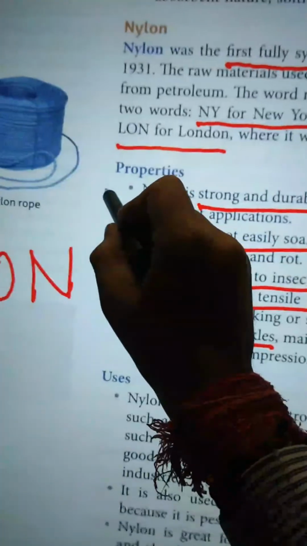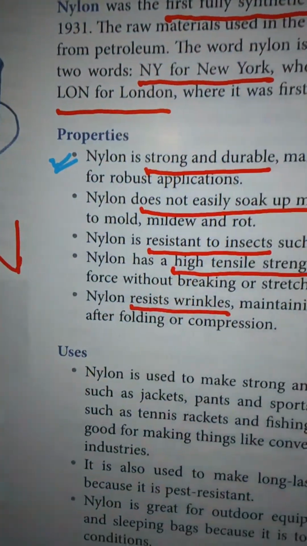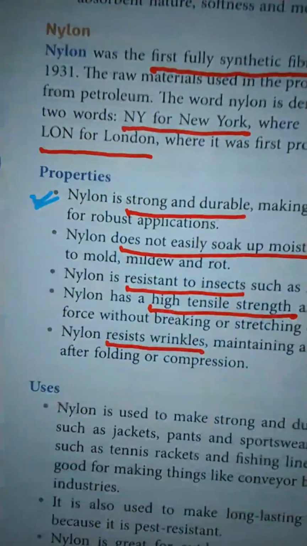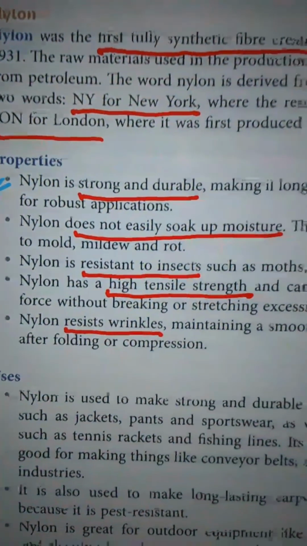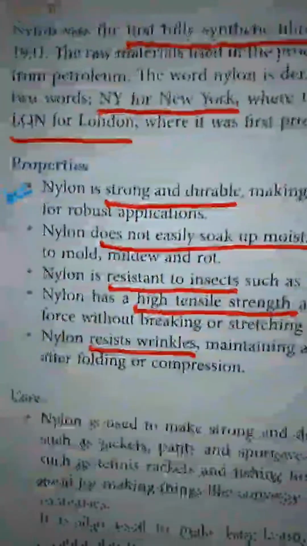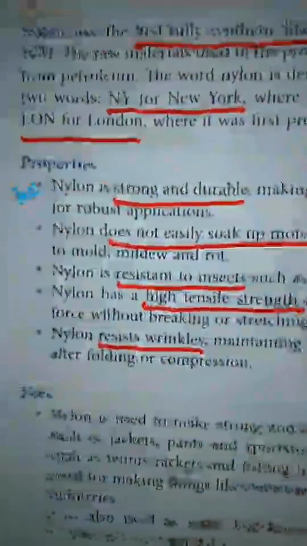Nylon is strong. Strong and durable means, where is nylon in the clothes which you wear, like ties, the belt, and ropes are made up of nylon. That is the reason, because nylon is strong and does not easily soak moisture.